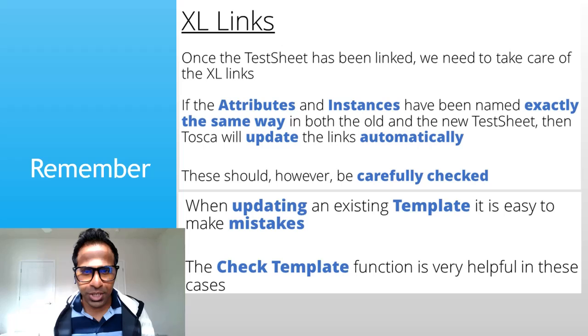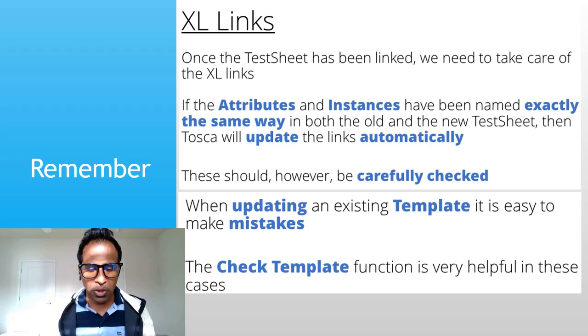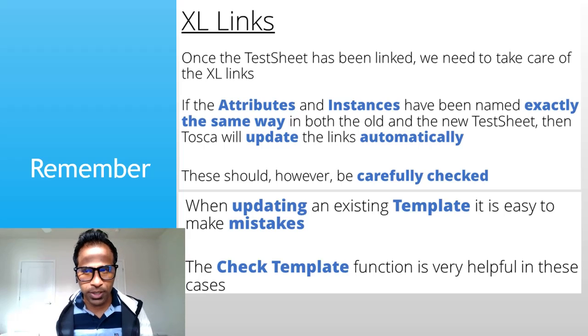Once the test sheet has been linked, we need to take care of these Excel links. That means whenever you modify the test sheets, because in this session we are concentrating on modification of the test sheets, and then when you are linking these test sheet values to the template, you have to take care of these Excel links.